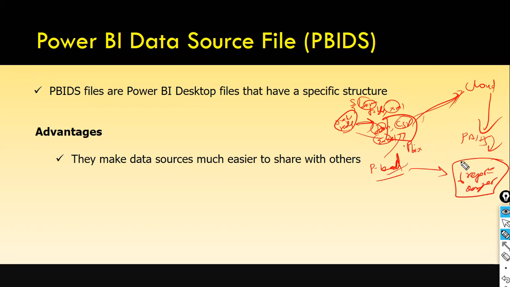They need to drag and drop whatever columns they need for the report, and then they need to apply some business logic, or use some DAX functions to generate the report. That's all. So in this case, there is a centralized control. Only one person has to load the data files or tables into this report, create the data model design, do the data cleaning, and publish it on cloud.